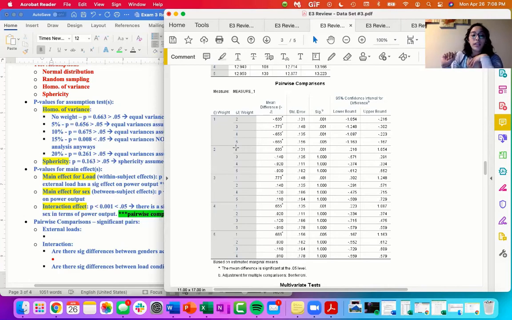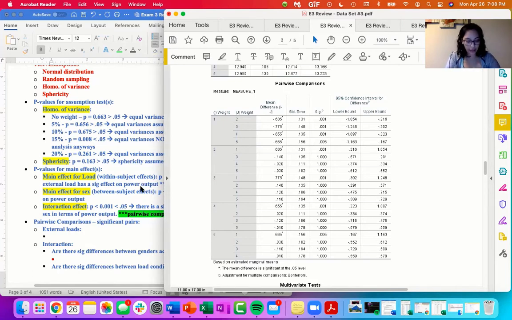Yes. If all pairs are significant except for like 1 or 2 pairs, you can also say all pairs are significant except, and then list the ones that are not significant. That way you're not listing ginormous lists of stuff. So those are some options for you guys if you want them.